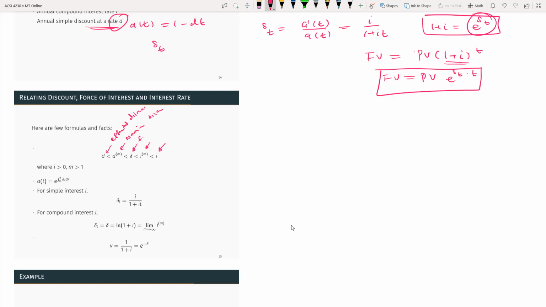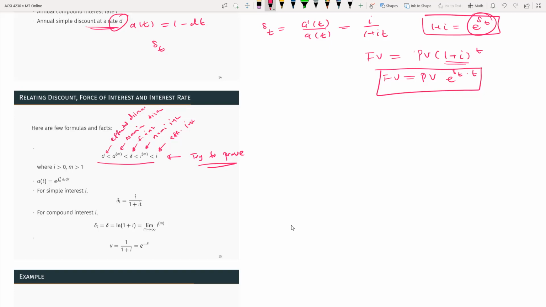This is the force of interest. This is the nominal interest. And this is the effective interest. You can try to prove that, whether it is possible or not. See whether you can do it.